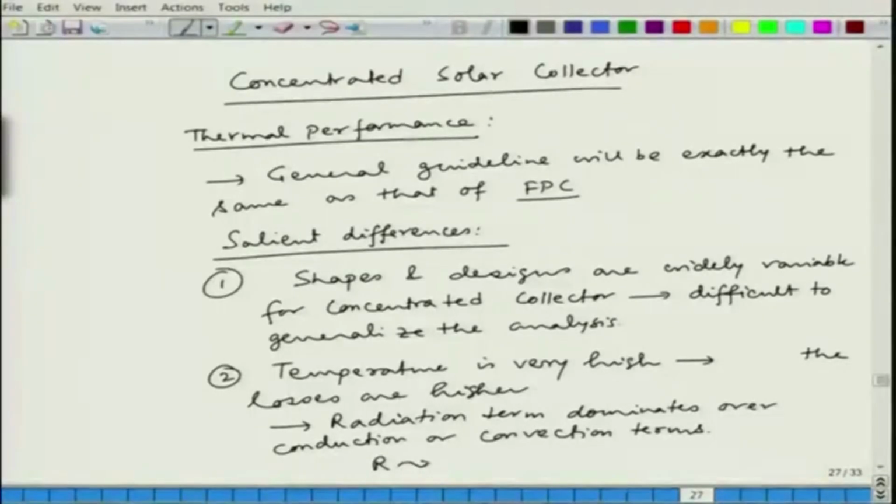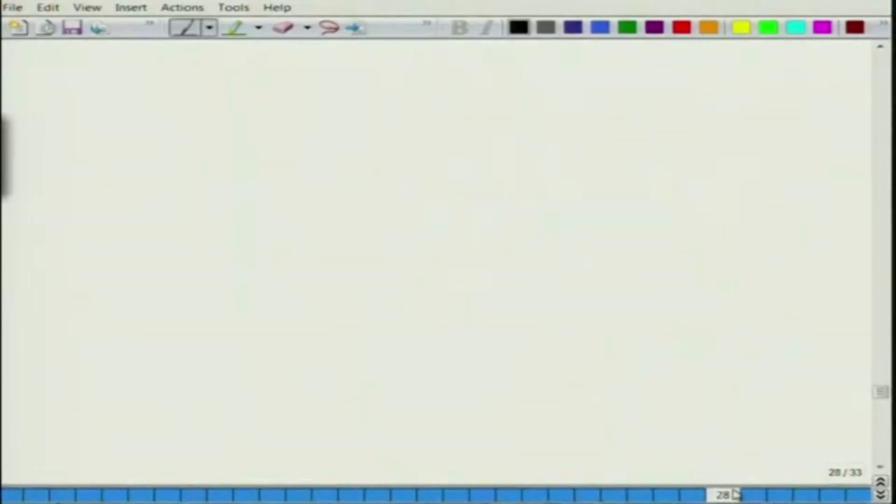So, that means when the temperature is higher, the radiative term will be dominating, right, because this radiation is Tp to the power 4 and conduction or convection, both of them are Tp to the power 1. So, that is why the radiation term will be dominating.